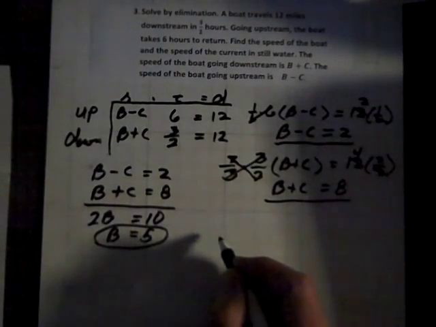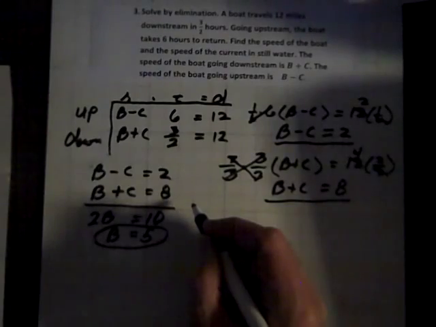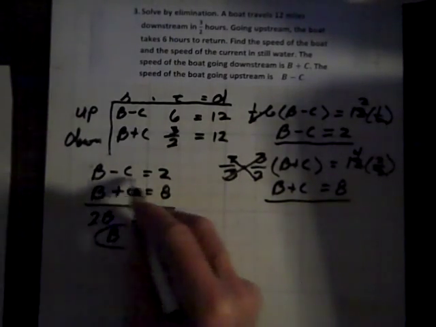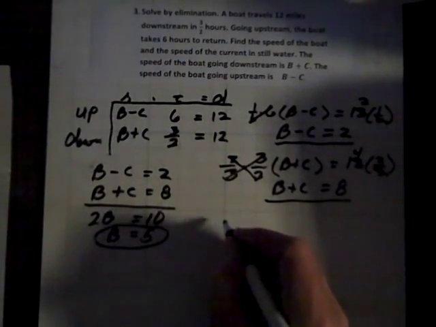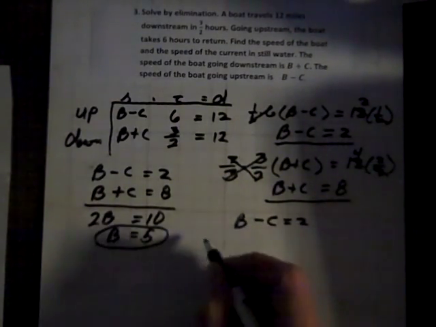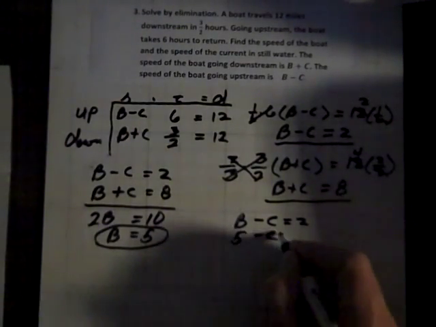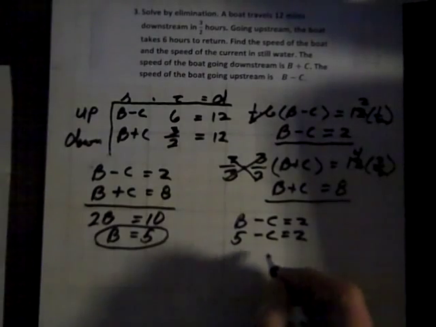Now, if b equals 5, let's take either one of these equations, such as the first one, and put 5 in place of b. We've got b minus c equals 2. In place of b, I'll put 5, so 5 minus c equals 2.